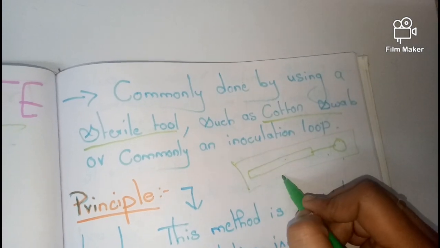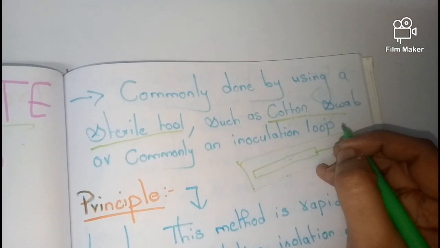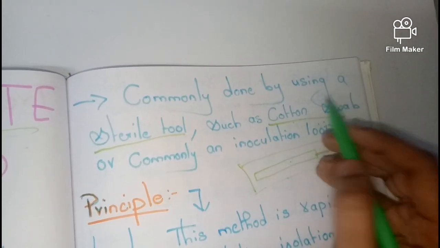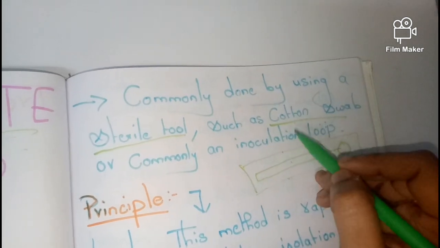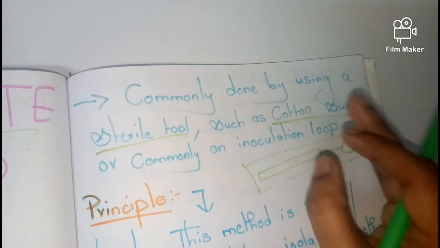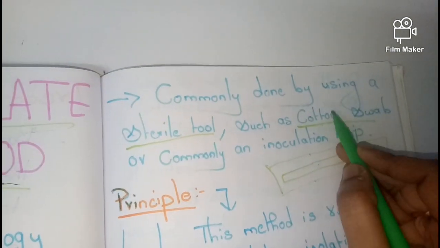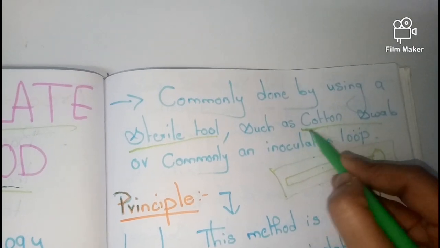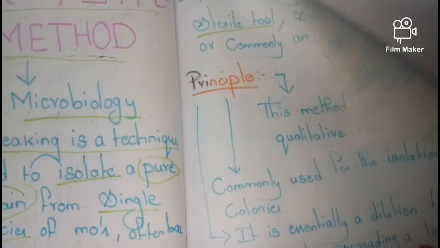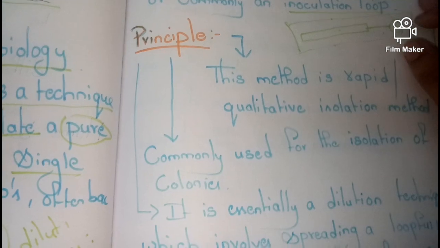We commonly use these two sterile loops for the streaking method in microbiology laboratories. Let's see what the principle behind the streak plate method is.